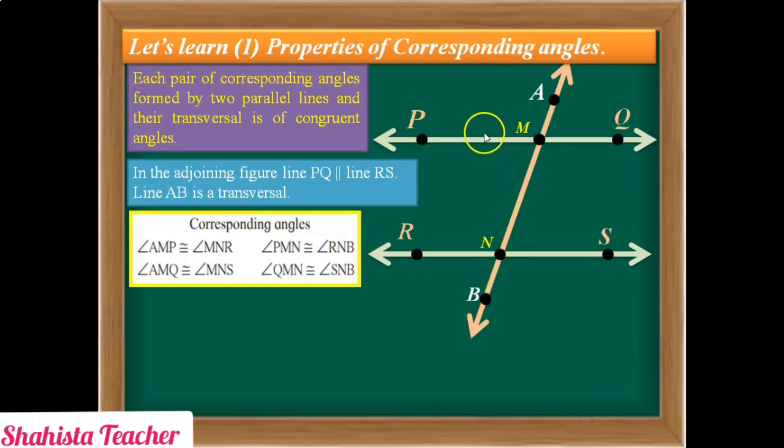Next, angle AMQ is congruent with angle MNS, again same side, same direction. Now measure of angle QMN is congruent with measure of angle SNB, again same side, same direction. So in this way we finish the first property of corresponding angles.